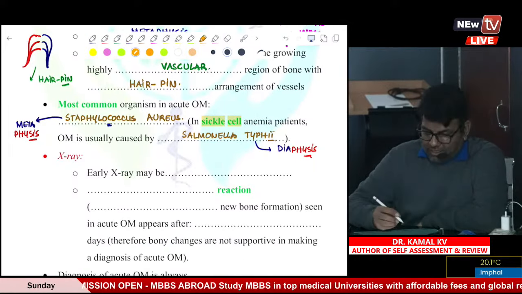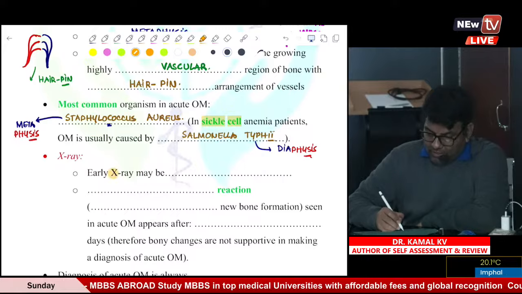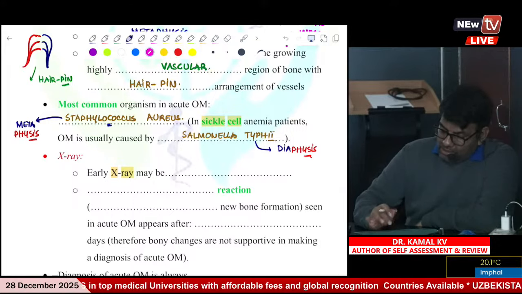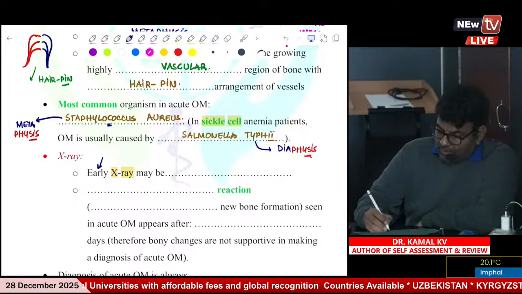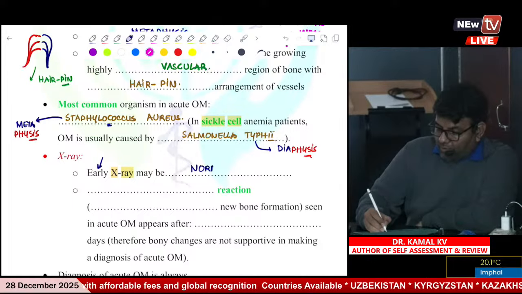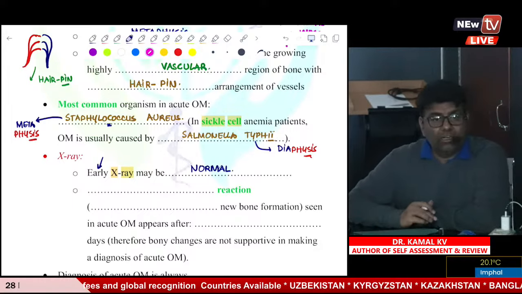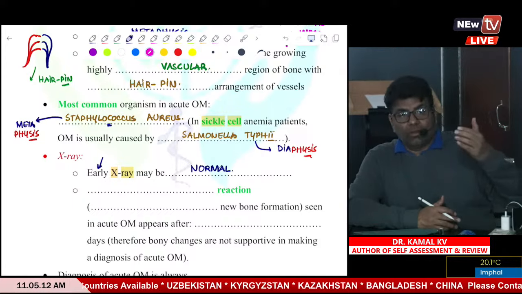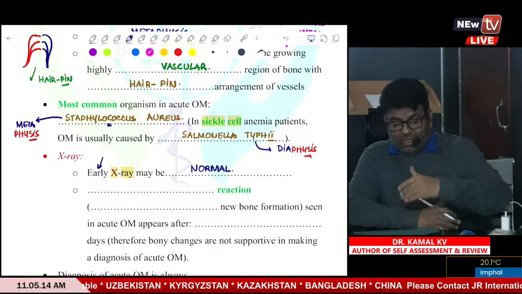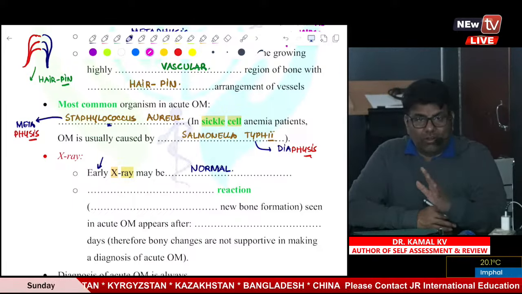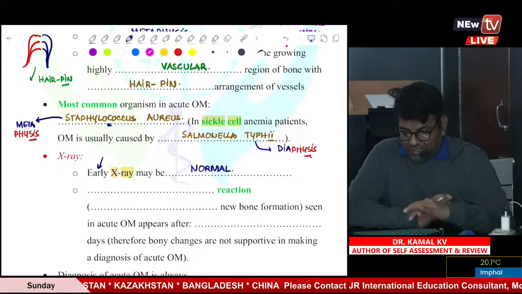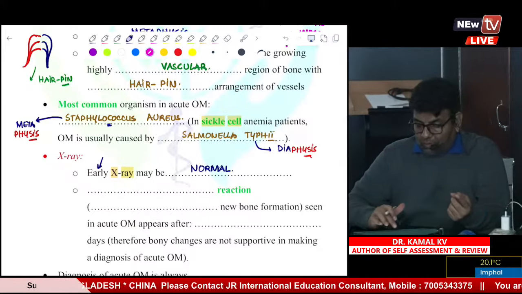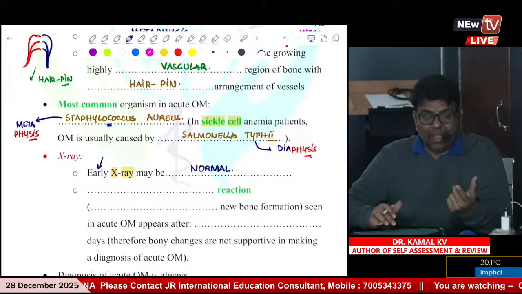Initial changes are seen in soft tissues, but if someone asks you about X-ray, then early X-rays may be normal. You cannot see any change in X-ray, and therefore what happens most of the time, especially with newcomers, they say that this is not an orthopedic problem, go to a pediatrician. But in reality it is an orthopedic problem, and this results in delayed diagnosis.